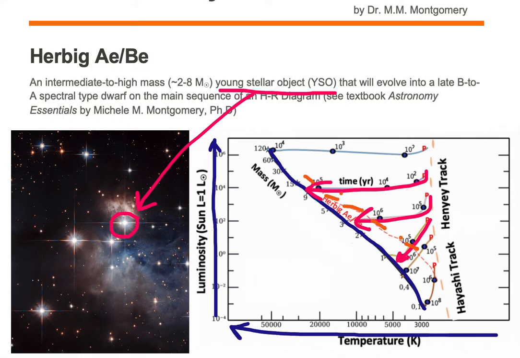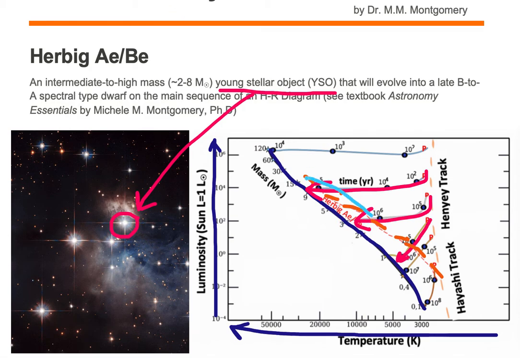To the right of the birth line, we cannot see these objects because they're enshrouded in their cocoons. There's lots of gas and dust that prevents us from seeing inside that cloud. But between the orange dashed line and the main sequence line is where we will find the YSOs.